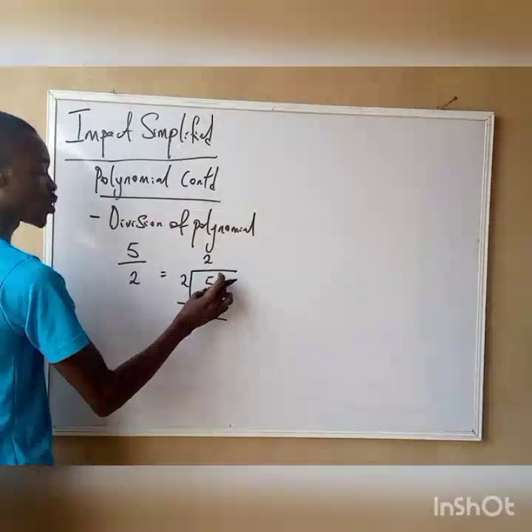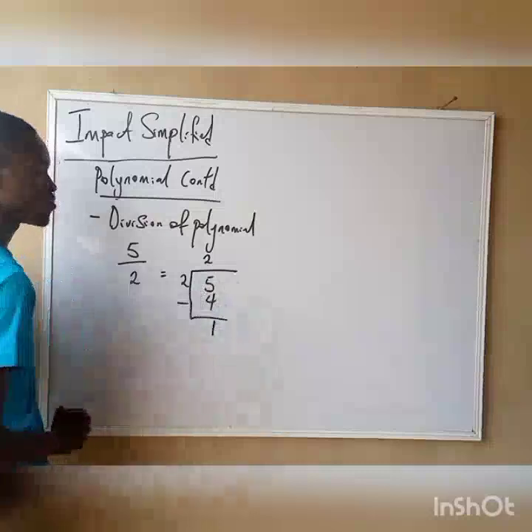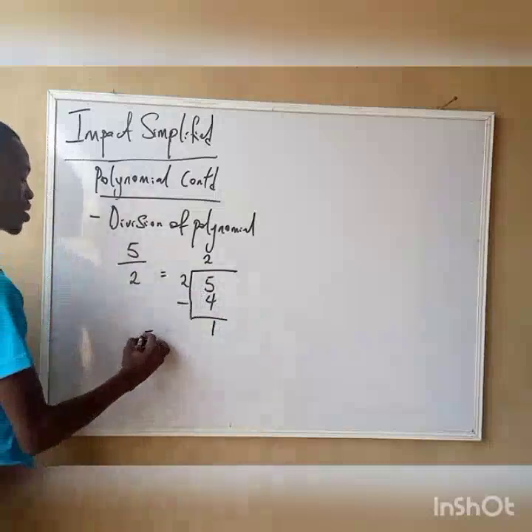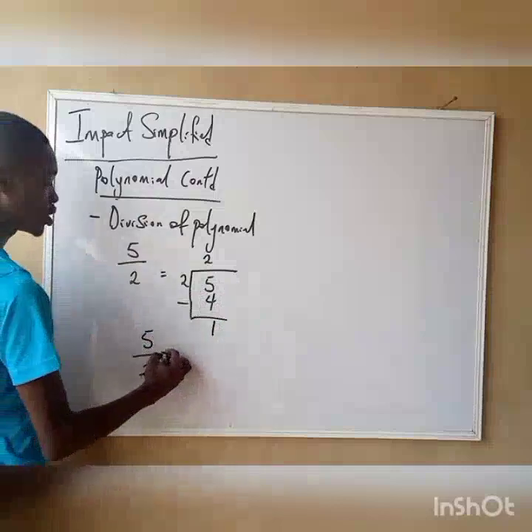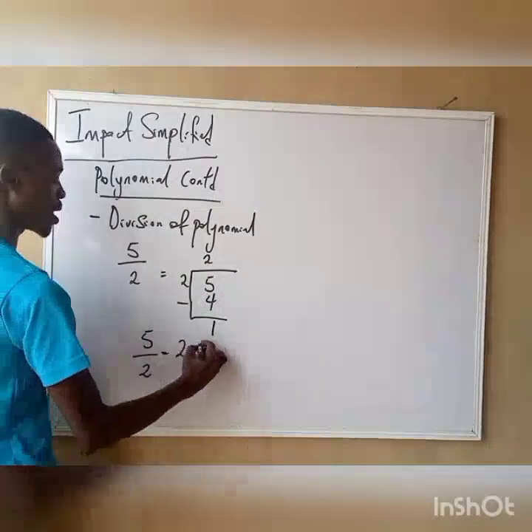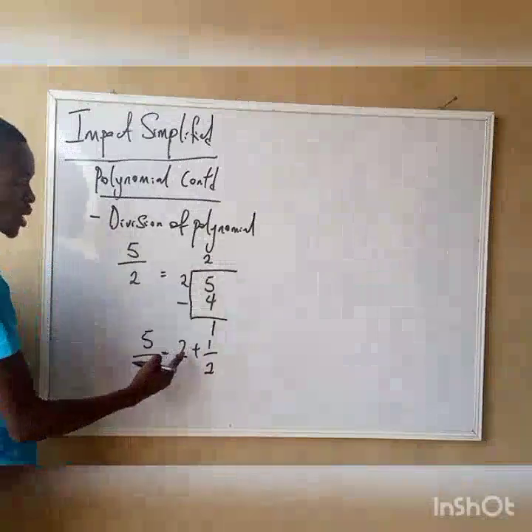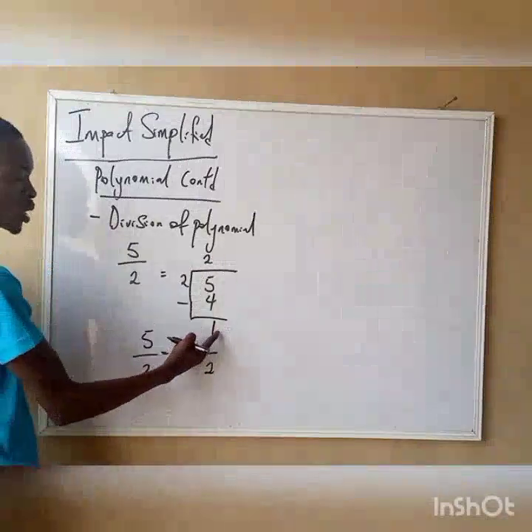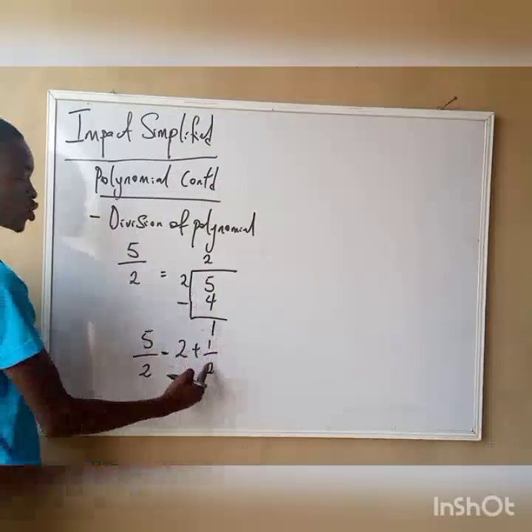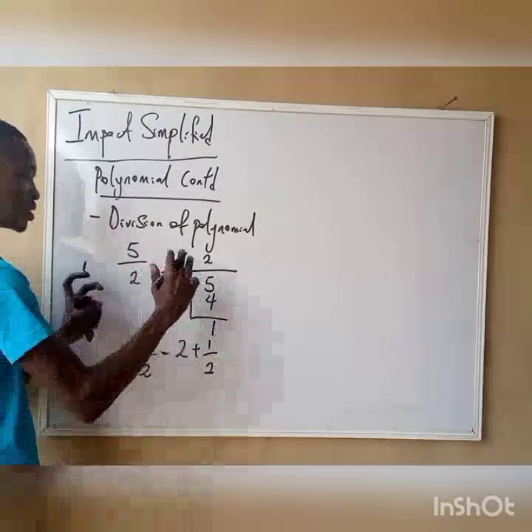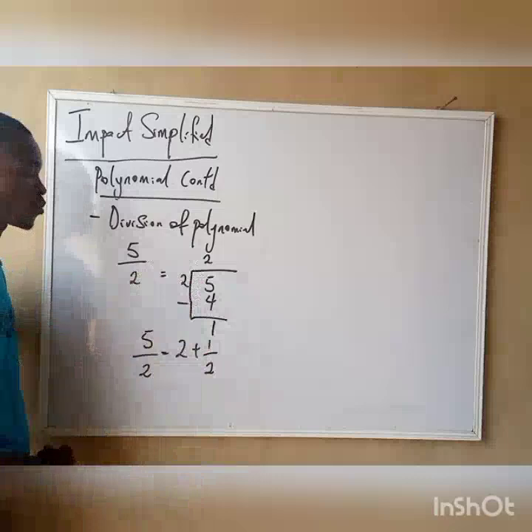So we have 5 minus 4, and what is 5 minus 4? 1. And now we have 5/2 is equal to 2 whole number plus 1/2. So this 2 whole number is what we are having here, this 1 is what we are having here, and this 2 is what we are having here. And this is the basis of the division of polynomial.